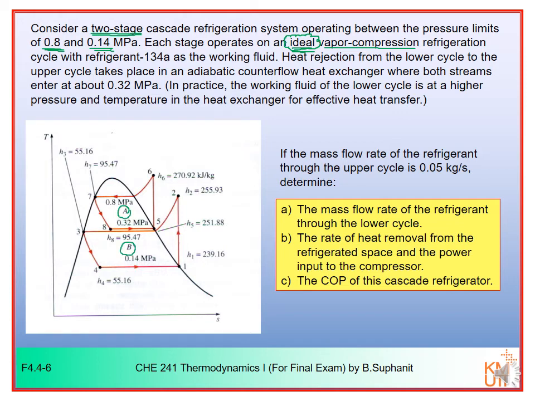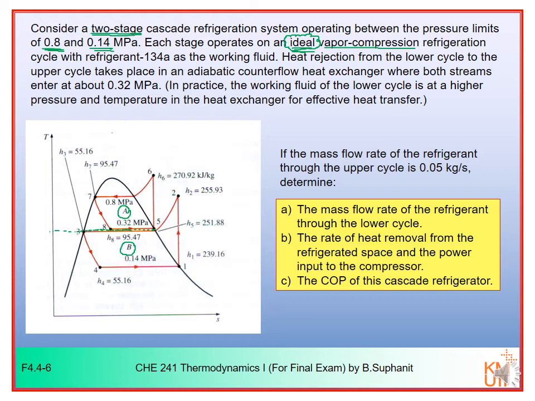When you see the word ideal, it means that the heat transfer in the heat exchanger between cycle A and cycle B will have no temperature difference. So it means that the heat transfer here occurs at the same pressure level. One condensing, the other one evaporating.